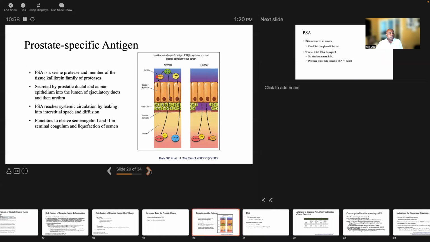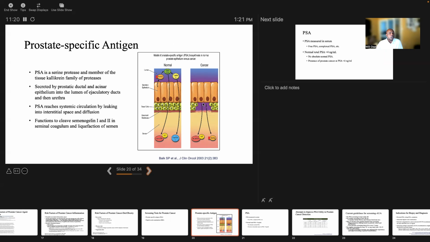So, in brief, the PSA is produced in the prostate, where it's typically contained, and a very limited amount gets into the bloodstream because of the integrity of the prostate organ.